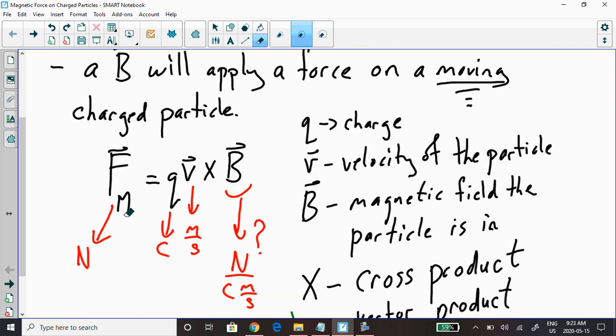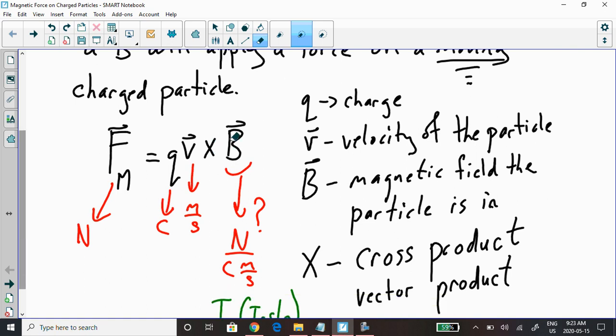The magnetic force vector is equal to the charge, and then that charge is multiplied onto the velocity of that charged particle. And then we do a special type of multiplication with the magnetic field.